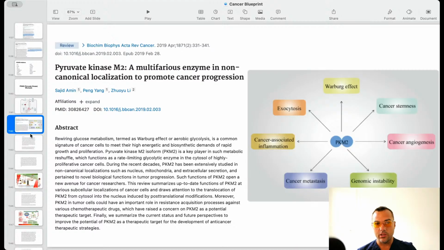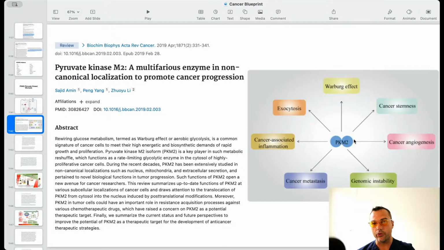So the bottom line is, although many of these enzymes, and we've seen this with hexokinase, with PFK, with PFKFB, and we'll see it later with lactate dehydrogenase also, even though these are critical and rate-limiting steps within the breakdown of glucose or glycolysis, or in this case, the pathologic use of glycolysis called the Warburg effect or aerobic glycolysis, these enzymes are what they call promiscuous.